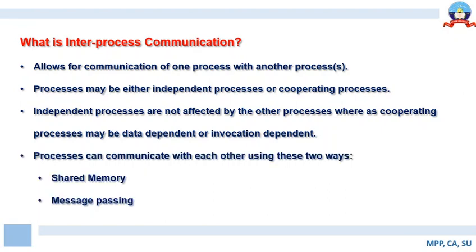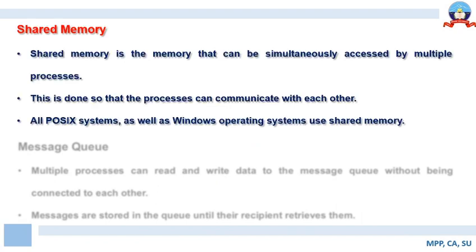Now, processes may interact with each other using two mechanisms. The first is called shared memory, and the second is called message passing. Let us try to understand what shared memory is. Shared memory is memory that can be continuously accessed by multiple processes. The processes continuously update the shared memory, and whichever process wants to use the information will use it from the shared memory.